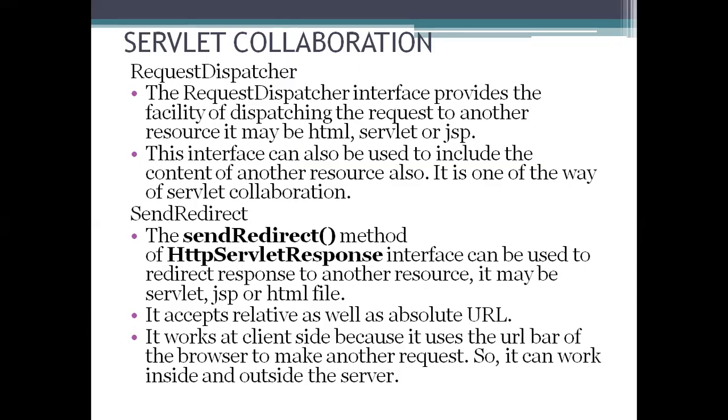While forwarding, both the servlets are available at the server side and forwarding is done at the server side. So the client is unaware of this forwarding. The client assumes that the response has come from servlet 1, but actually servlet 2 has given the response.